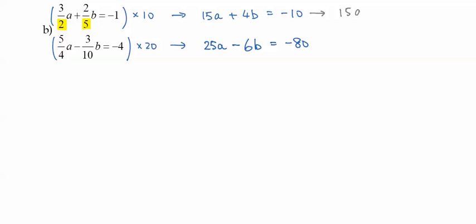Some people may find it the other way. Some people may prefer isolating the b instead. But let's say if we want to single out the a, I'll keep the a on one side, and if it comes with a number in front of a, I will get rid of this using a division.